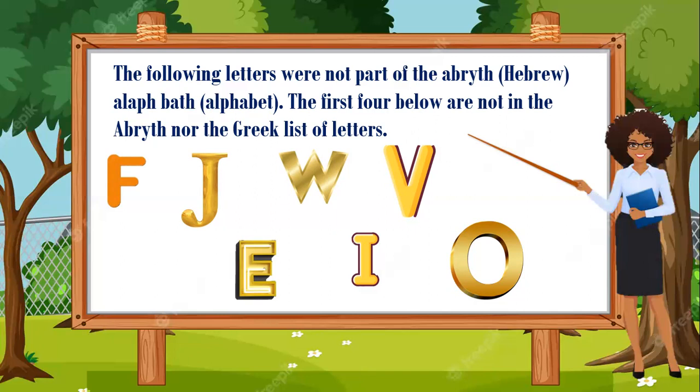So these letters on the screen were not part of the original representation of words and letters in the Abryth or Hebrew context of words. They are modernized letters that have been placed in modernized translations and do not reflect the true representation or translation of the ancient Abryth text.